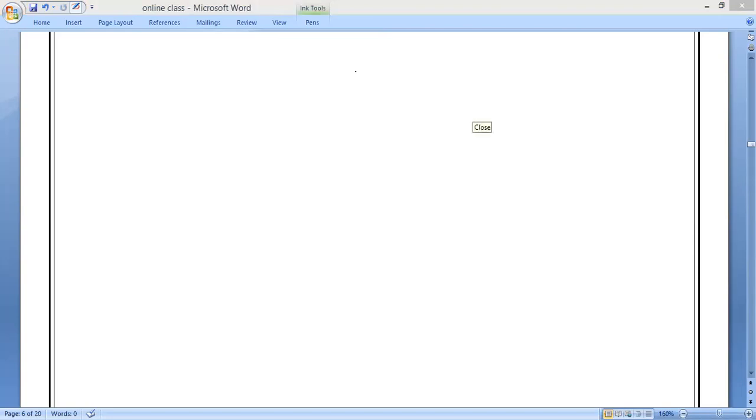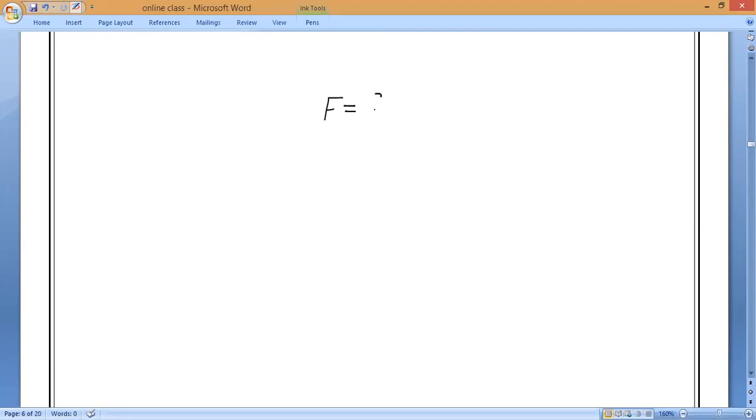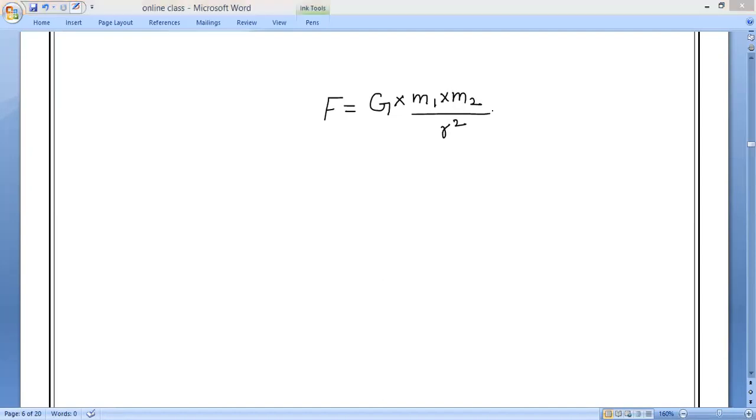Sir, F is equal to capital G into M1 into M2 divided by R square. What do you mean by R? Distance, sir. Distance between the two centers of the objects. Very good.